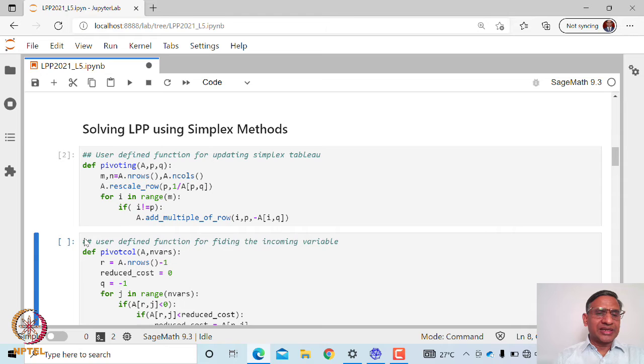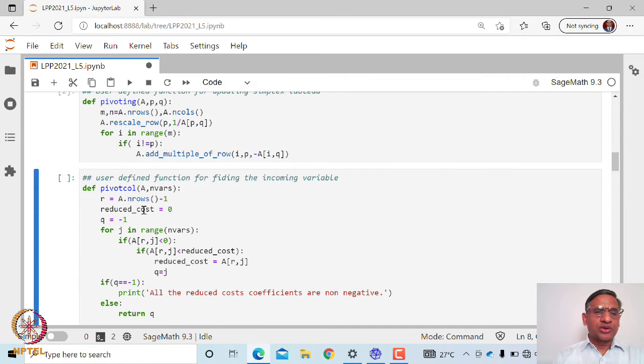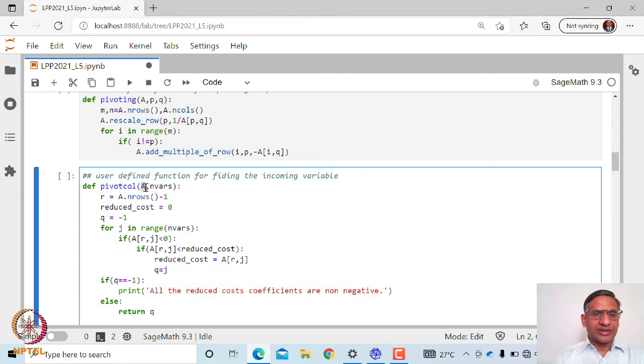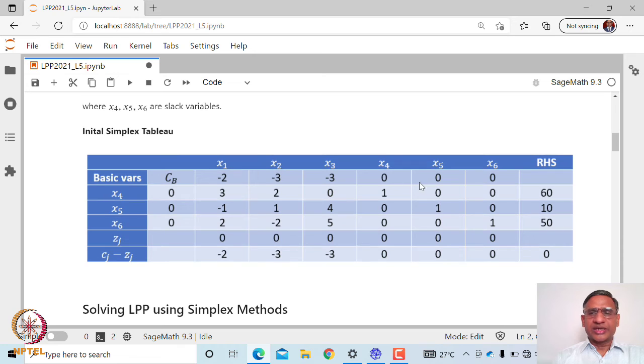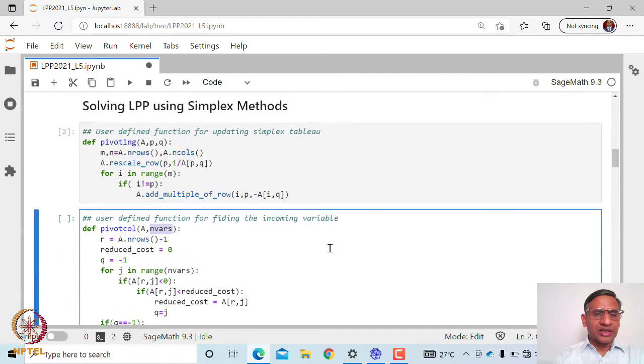Next, we will create a user defined function to find out what will be the incoming column, that is the incoming variable. For that, we will have to enter the coefficient matrix A and the number of variables. In this case, the number of variables is 6.